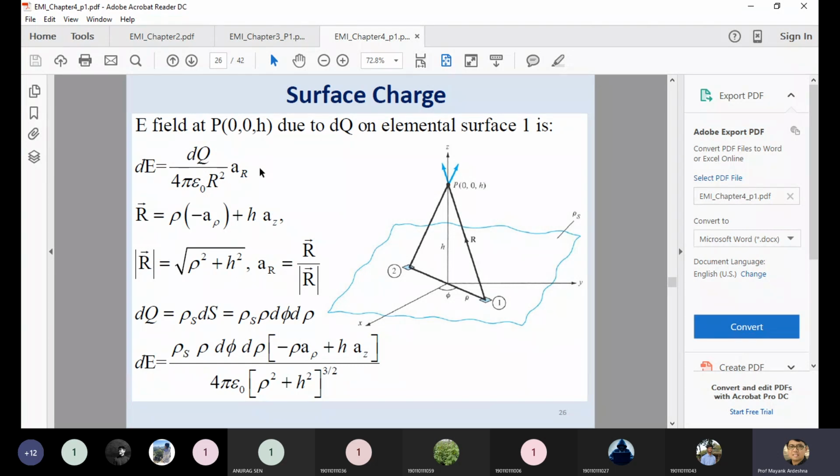Where does this equation come from? This is basically Coulomb's law. We divide the force by the charge, and then you get the electric field intensity for the point charge. You modify this equation for the surface charge by replacing the location of the surface, and we try to find the electric field intensity.